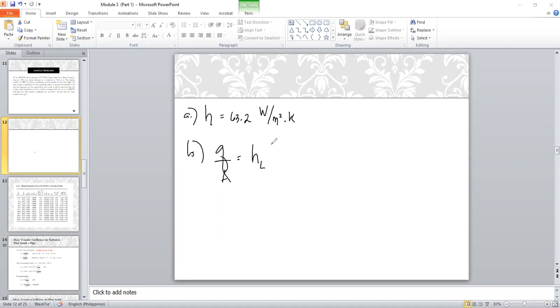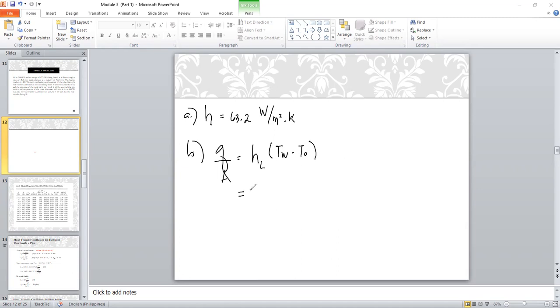I will just write it first here. The fundamental formula for convective heat transfer has the A written here. And since letter B is asking for the heat flux, we just transfer the A below the Q, and that will give you the remaining variables to multiply.